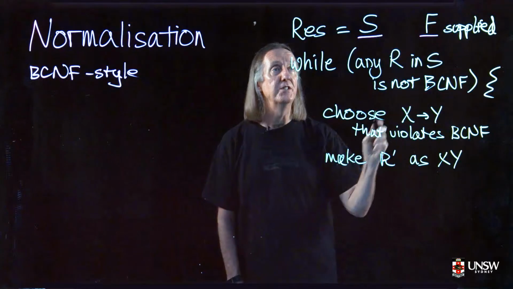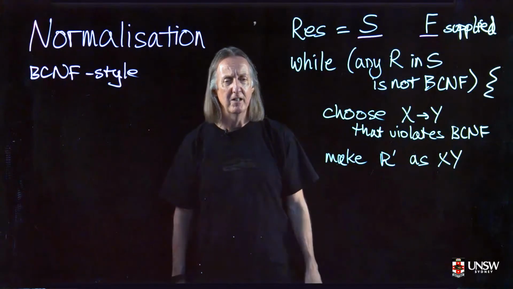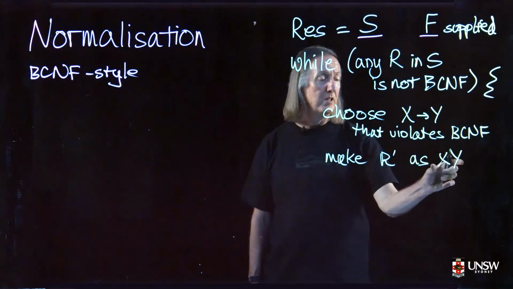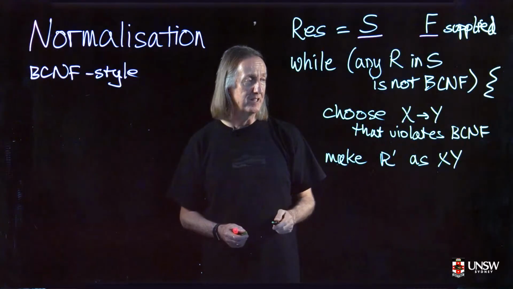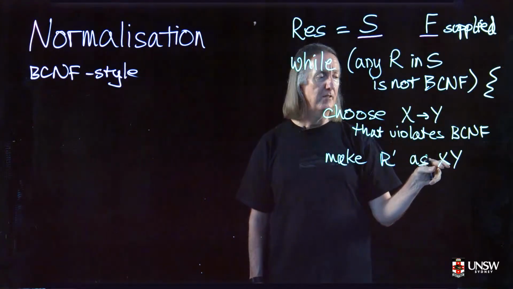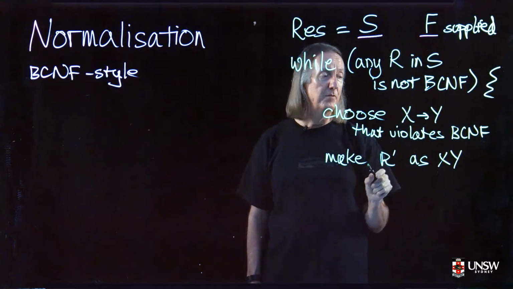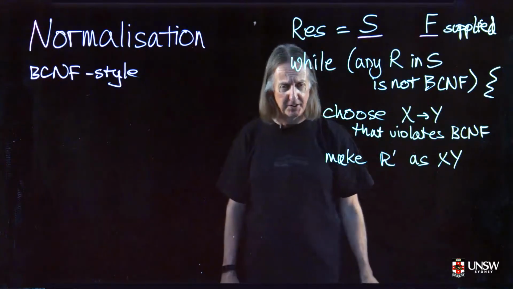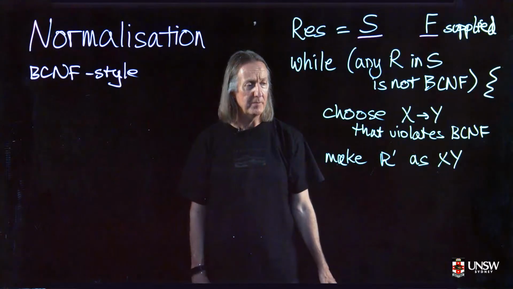The thing about all of this discussion is, in fact, these capital letters here are really meant to be sets of attributes, but often we kind of treat them as being single attributes. So in any case, we end up with a new table, which is guaranteed to be in BCNF because the BCNF property is that for a given table and a given functional dependency, all of the attributes on the left-hand side of the functional dependency form part of the key, and that's by definition what's happening here.